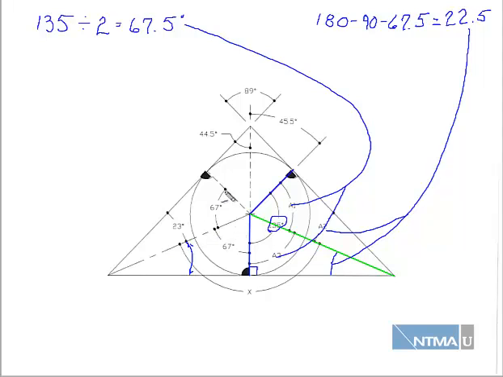You know that you've got 67 degrees here, you have 67 degrees here, you have 23 degrees here, you have 23 degrees here. So what does that tell you? That tells you that if you've got 23 degrees here and 22.5 degrees here, now we figured out this and we figured out this. All we have left to do is figure out this.